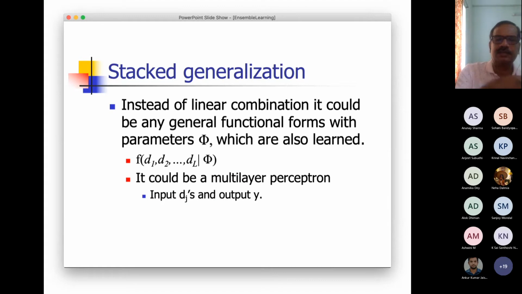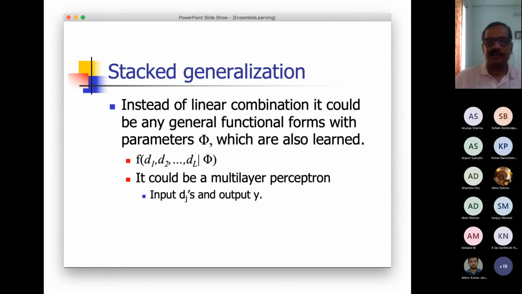Now, in this method, stacked generalization, instead of a linear combination, the way we have seen for the weighted average, we can consider these decisions from different learners, which are supposed to be experts in my context, as input vectors. And you know the correct decision in a labeled data set.